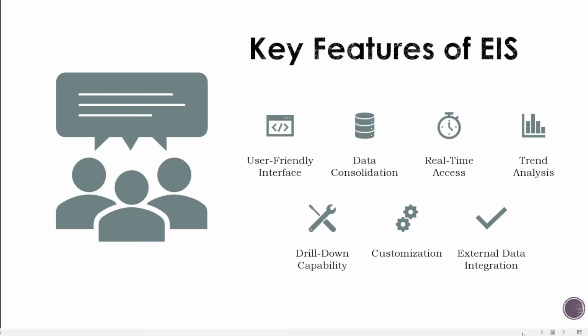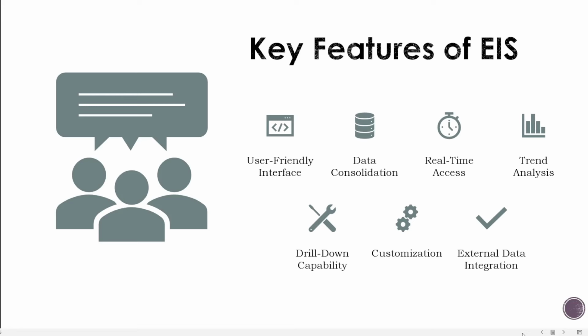So, let's proceed naman sa features of executive information system. Number one, user-friendly interface. So the EIS systems typically have a graphical user interface that is easy to use, allowing executives to navigate and retrieve information without needing extensive technical knowledge.